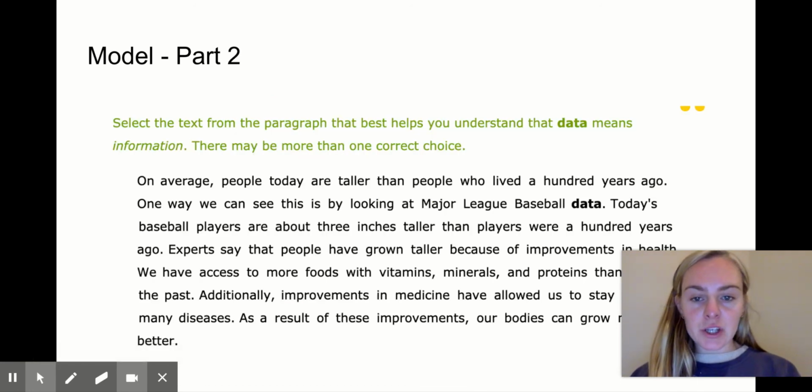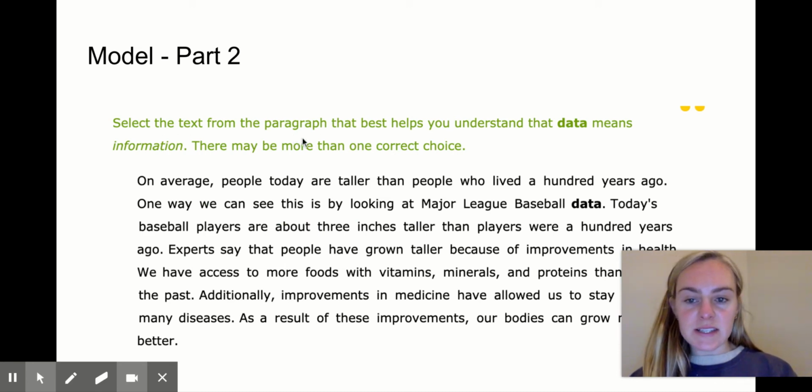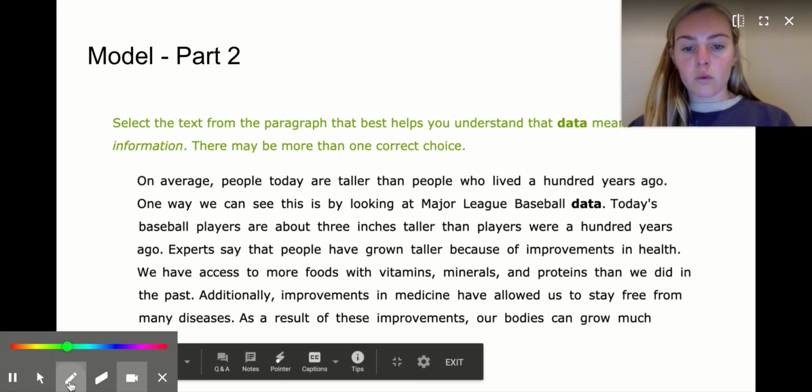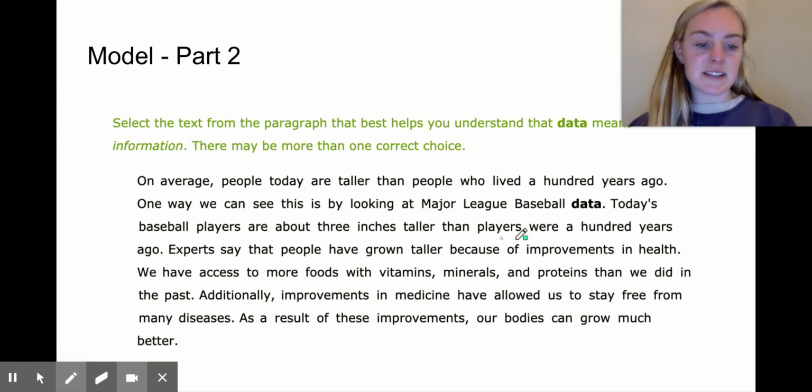In this second part, you are asked to identify which sentence from the paragraphs helps you best understand the meaning of data. And we know that data means information. So we need to pick the sentence that best helps us know that data means information. Well, again, I looked at the sentence before and I looked at the sentence after to see if there was any information that helped me to find the meaning of the word data.